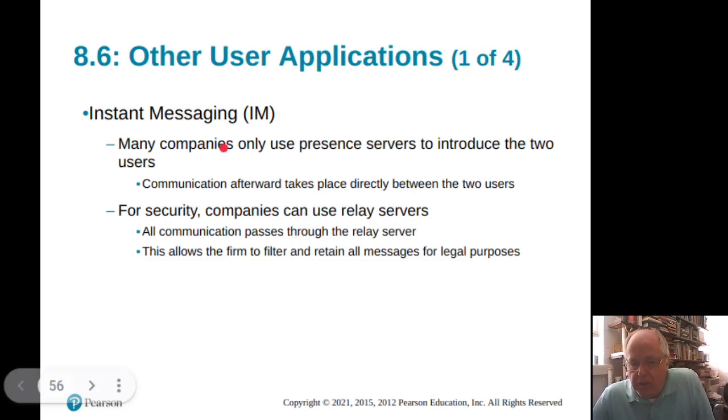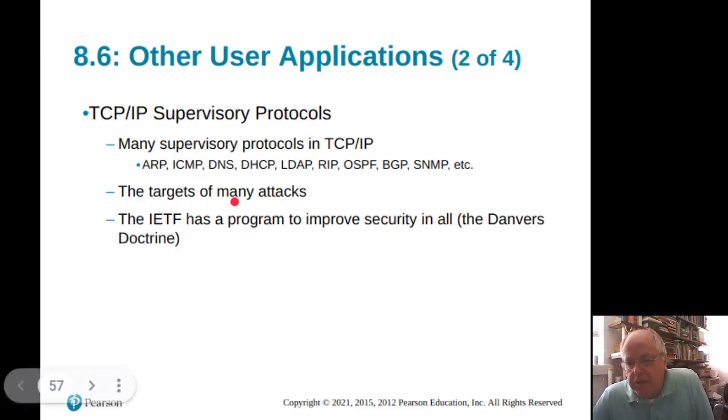Instant messaging, another way to have communication going on, and may have some flaws in that. Directly talking to another machine, somewhat bypassing my firewall once I have that connection made. But I may want to have control over that communication. Lots of different protocols, and in each one of these protocols there's a potential for a problem or a bug.